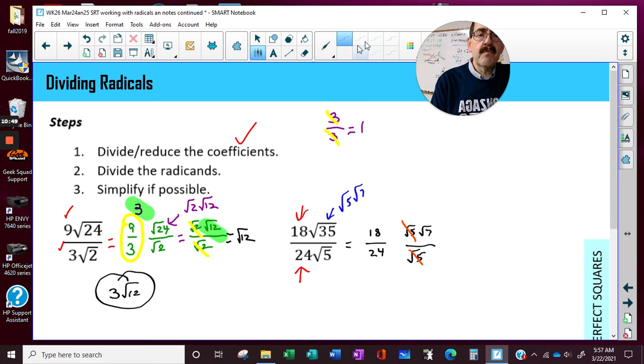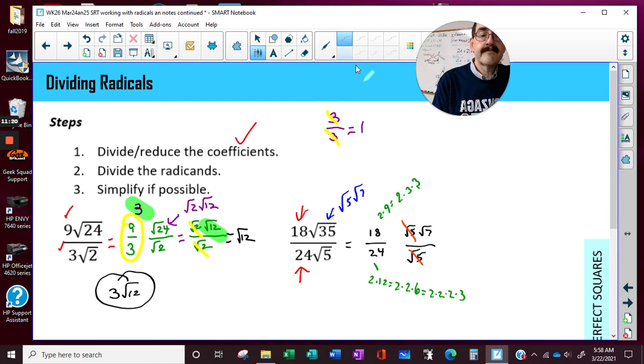All right, but before we go any further, let's do our factor tree. Things that multiply to 18: 2 times 9, 2 times 3 times 3. What are things that multiply to 24? 2 times 12, 2 times 2 times 6, 2 times 2 times 2 times 3.